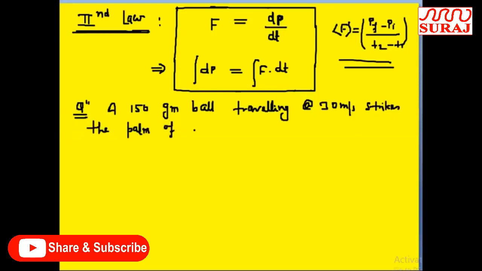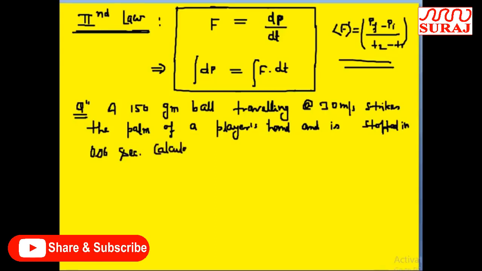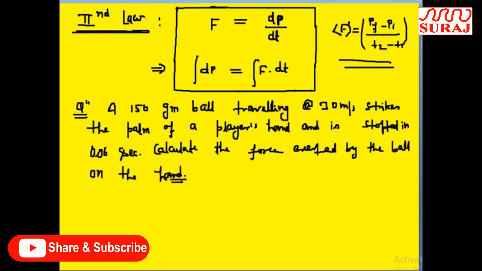Suppose we have given a 150 gram ball traveling at 30 meter per second, strikes the palm of a player's hand, and it stopped in 0.06 second.